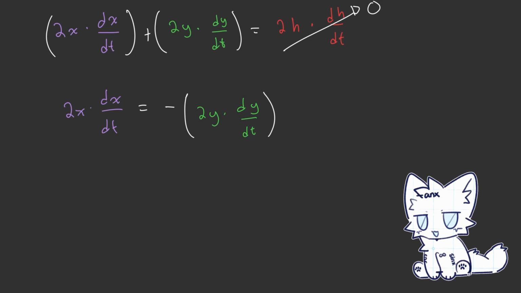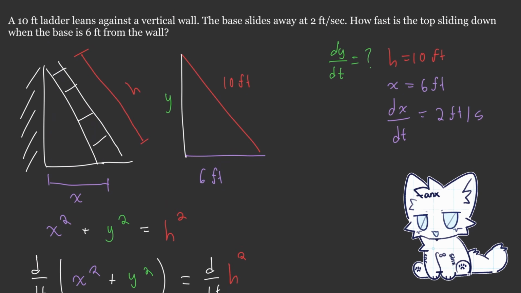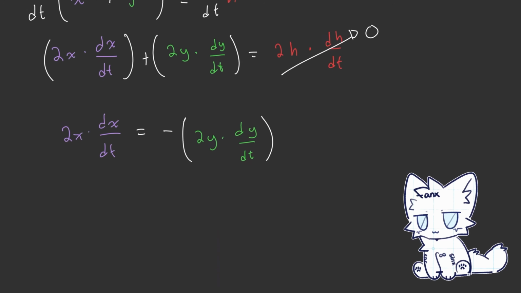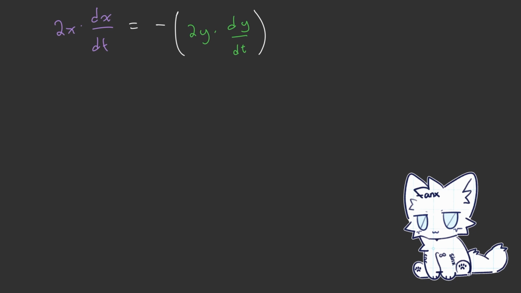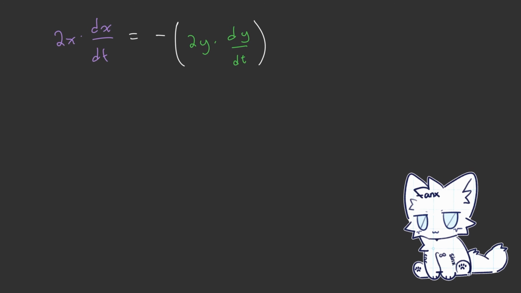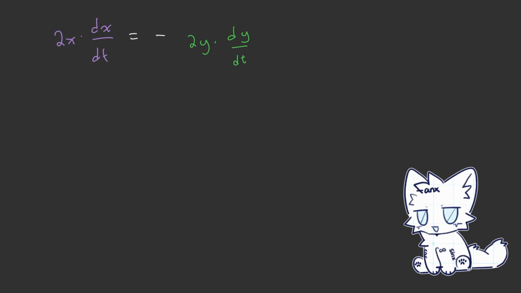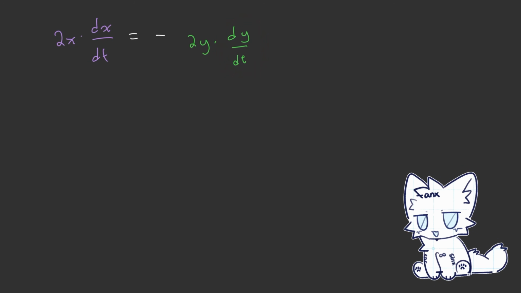One important thing to note is that we need to include direction in our rates. Let's define that the positive x direction is to the right and the positive y direction is up. So we know that dy/dt must be negative at the end. Now we can distribute the negative and let's try to get dy/dt by itself.